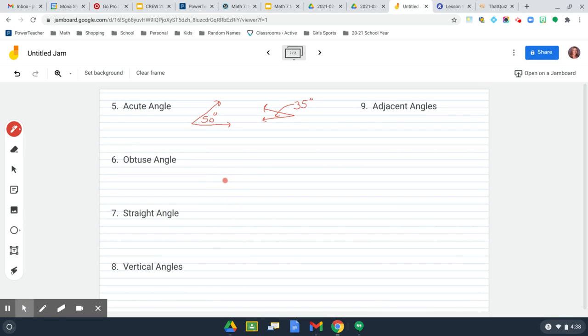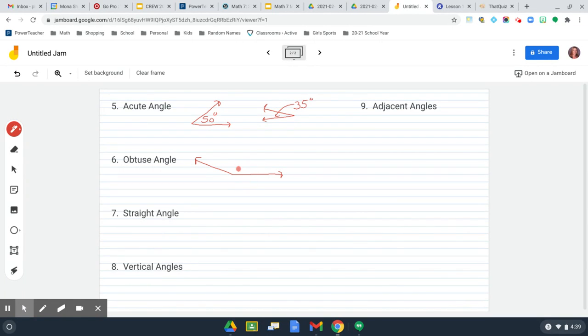So we've covered right angle at 90 degrees, acute angle at less than 90, obtuse angle then, and this is the box here, right, where we're splitting it, right? So obtuse angle, we're going to take the top half of that space and show an angle that is more than 90 degrees, more than 90. So I'm going to make a wide open angle like this.